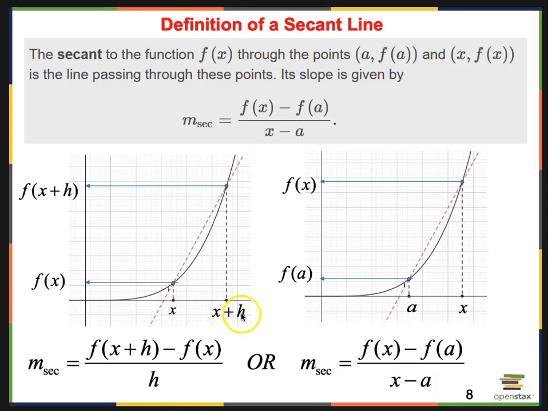So it might be 2 plus 0.001, 2 plus 0.01, and so on, where h is the change that's happening. What's the difference between those values? And you might see it as well looking with f of a that we'll plug in.